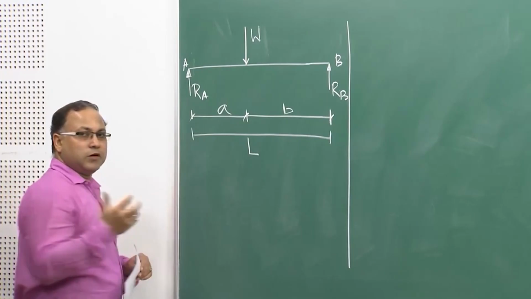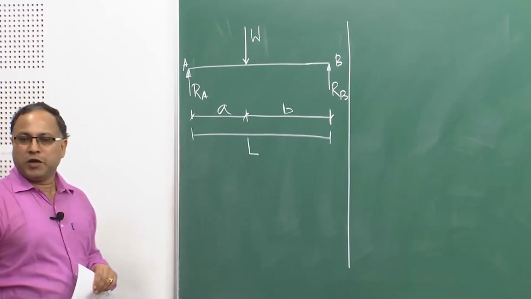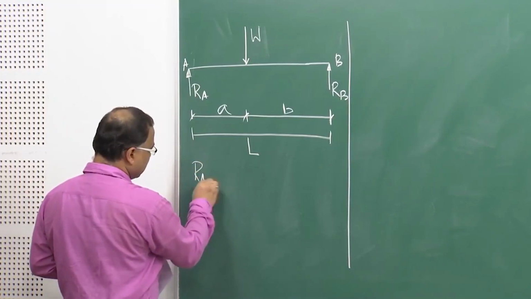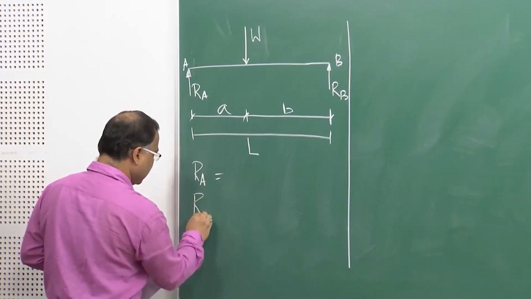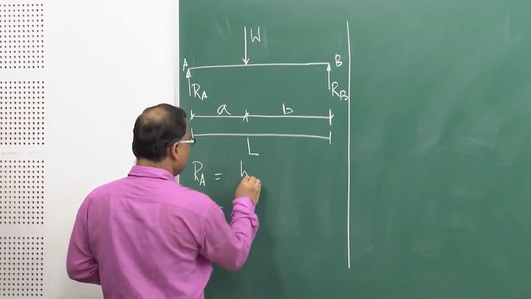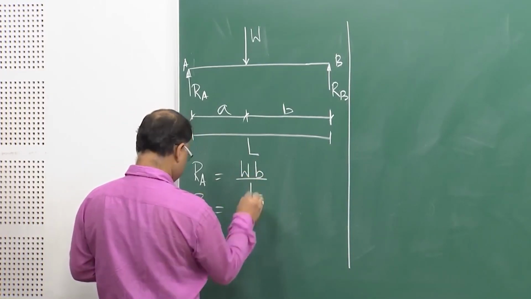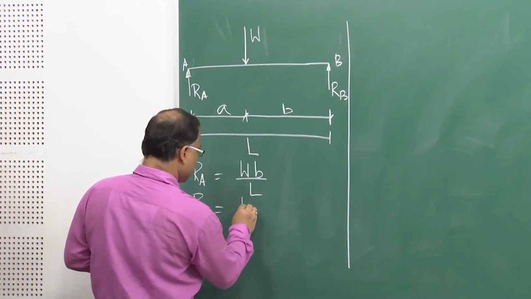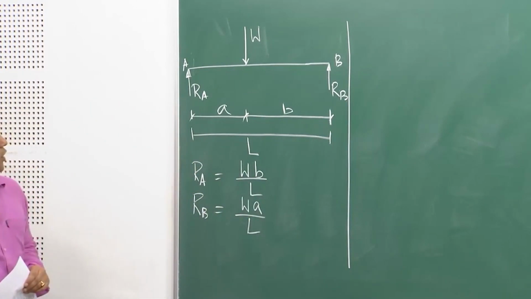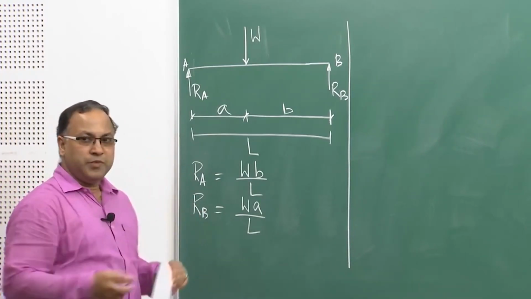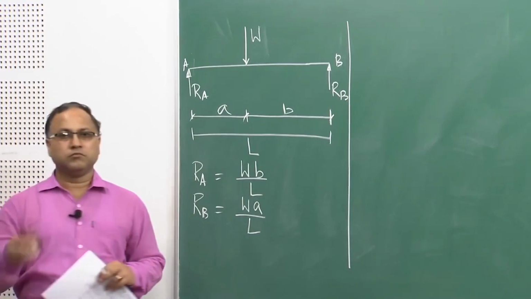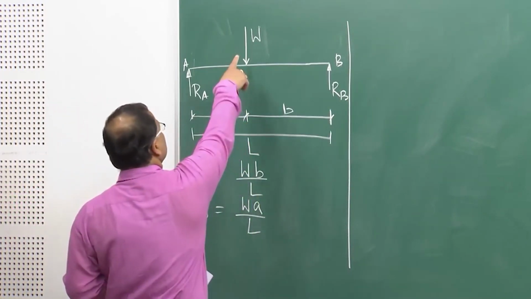What is your first job? As we have done several times, your first job is to find the external reactions RA and RB, and you know how to find that RA will be coming as Wb by L and RB will be coming as Wa by L. Now, to define this whole beam, how many minimum sections do you need to take? 2, because there is one load.